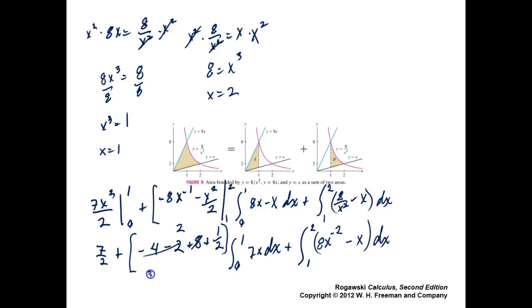So this would be a 3.5 plus 2.5 is going to be... 7/2 is 3.5. This gave us plus 2.5, right? I'm sorry.